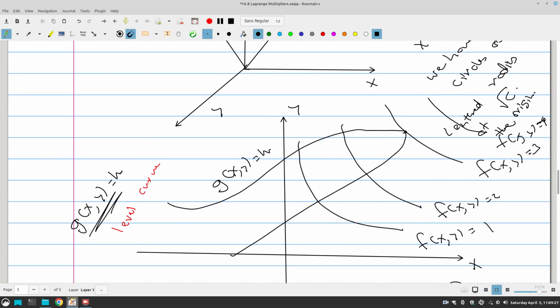Now the mathematical way of expressing this is to say that both level curves have the same tangent. Now if they have the same tangent, then we also expect them to have the same normal vector, right?